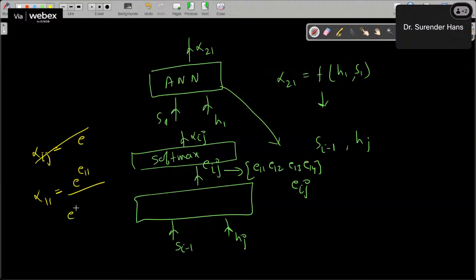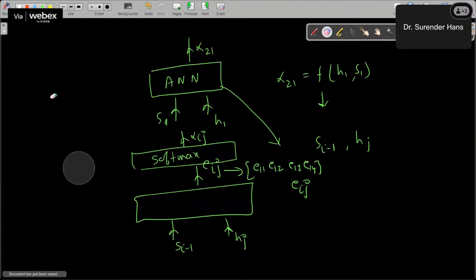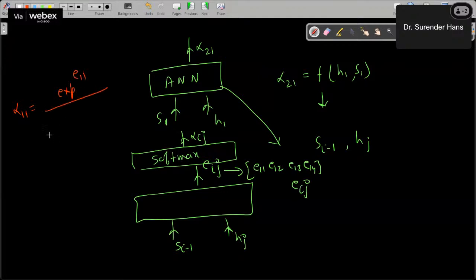You should not confuse the e and the exponential. So alpha 11 is exponential of e11 divided by exponential of e11 plus exponential of e12 plus exponential of e13 plus exponential of e14.